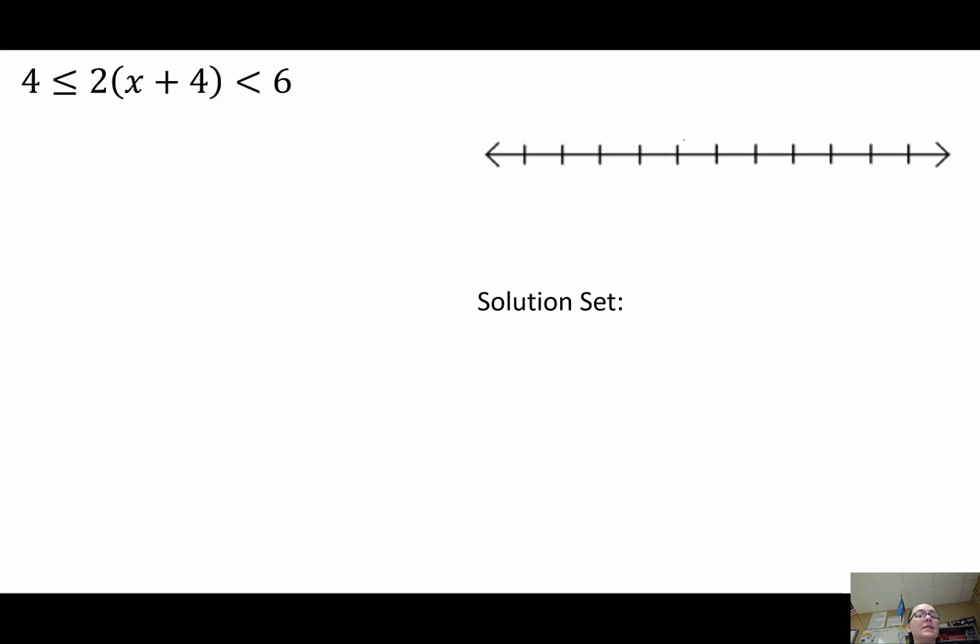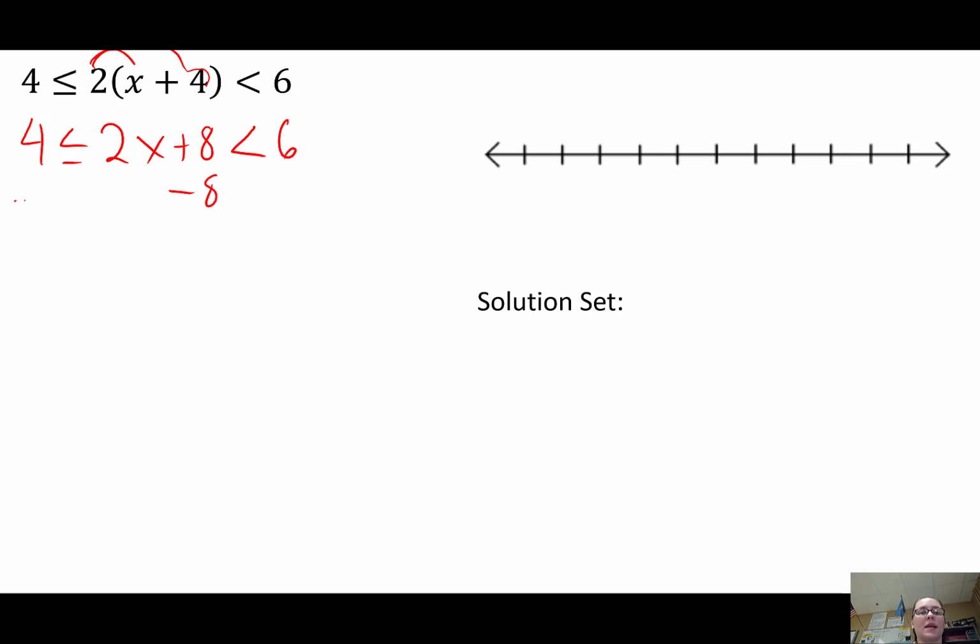I've got 4 less than or equal to 2 times x plus 4 less than 6. So the first thing I need to do is distribute this 2. So I get 4 less than or equal to 2x plus 8, and that's still less than 6.